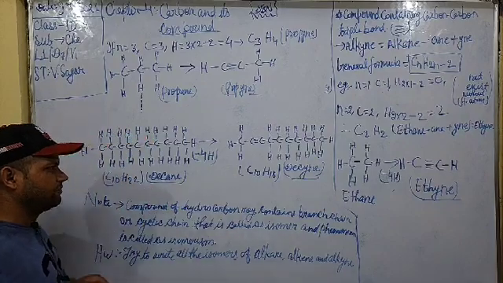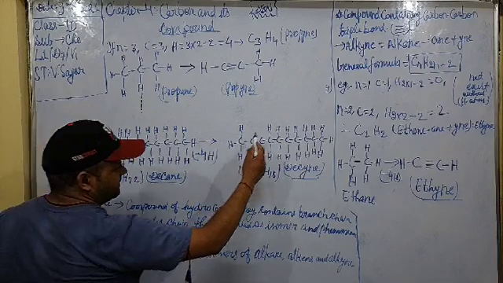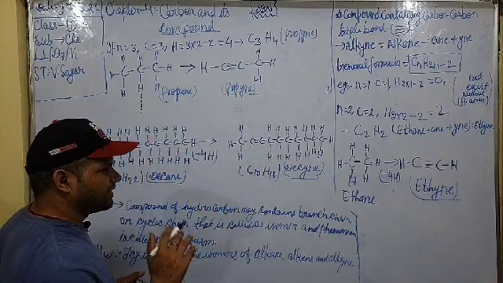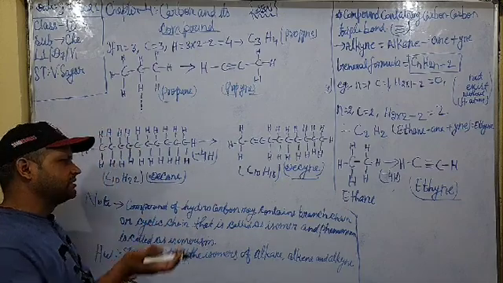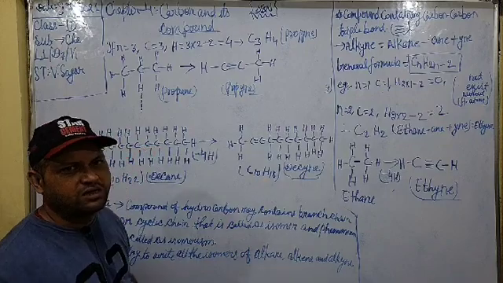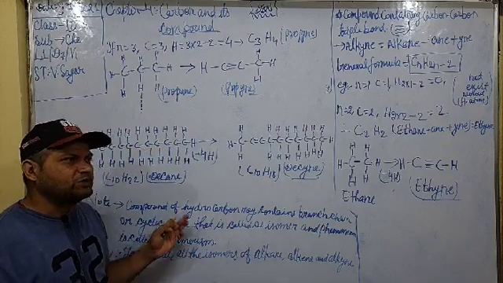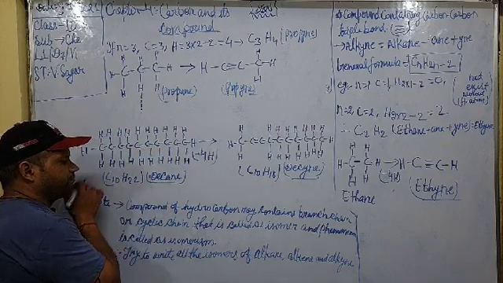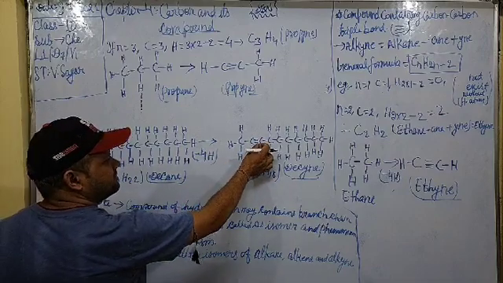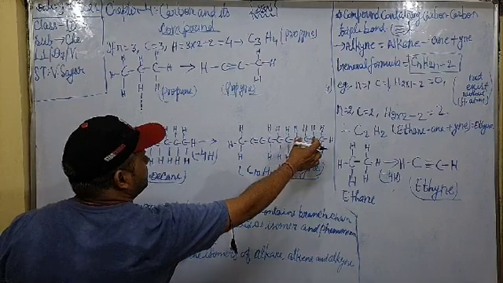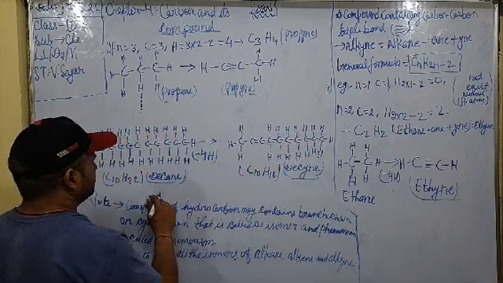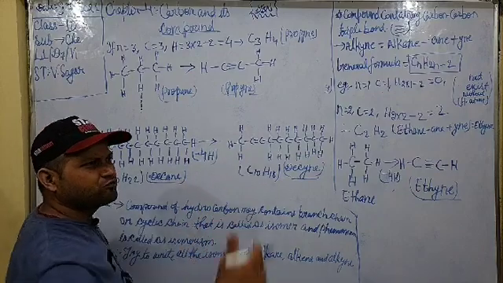One thing you have to remember: by changing the positions of the bonds we get different types of compounds. Different compounds having the same molecular formula but different structural formulas are known as isomers of the given compound. For example, if we move this triple bond to other places in this structure, we get different isomers.